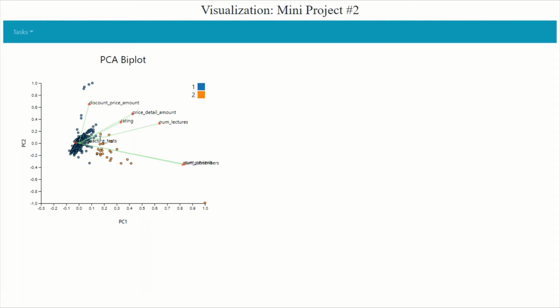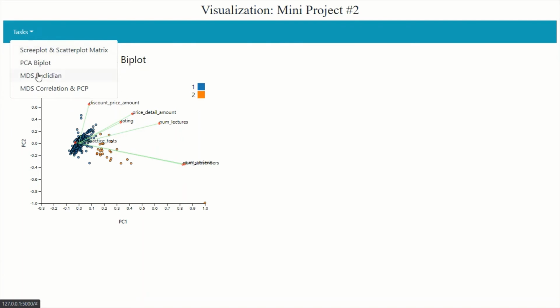And number of practice tests is negatively correlated with the number of reviews and number of subscribers, as there's a 180-degree angle between them. So the PCA biplot helps in analyzing all the correlations between the dimensions at once.